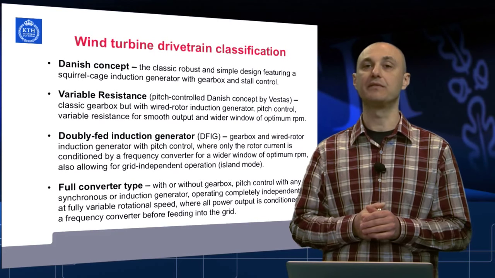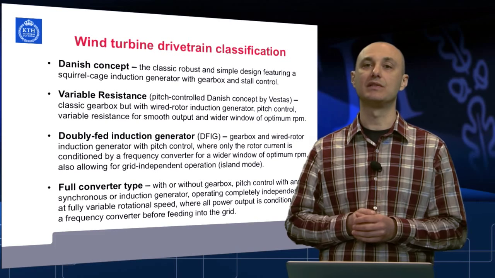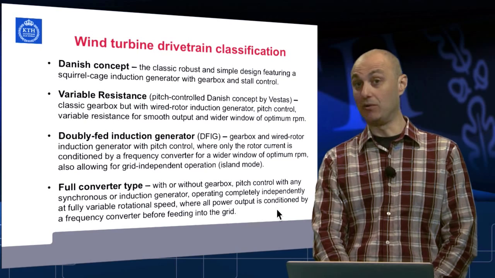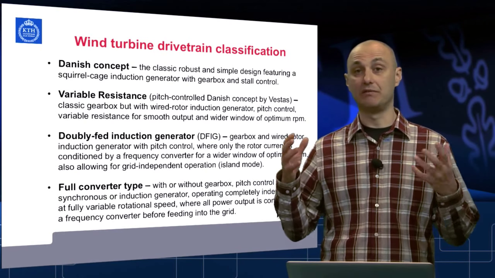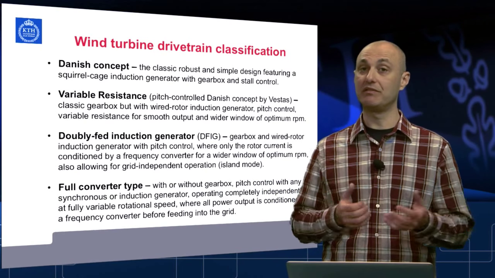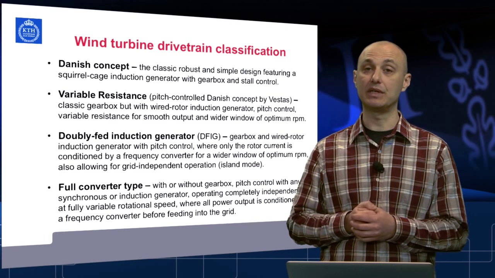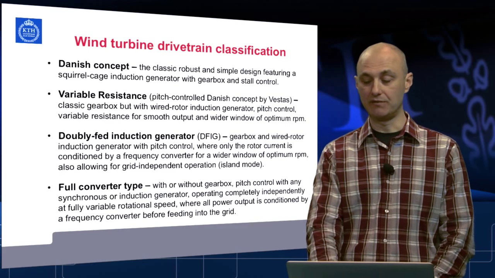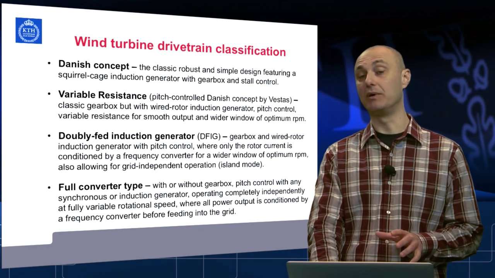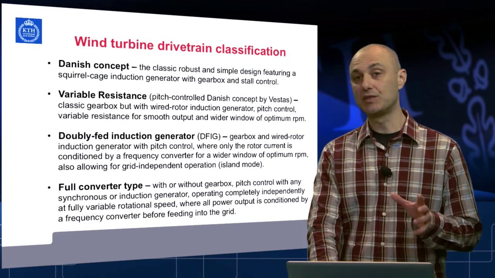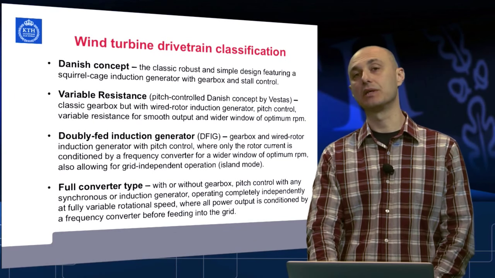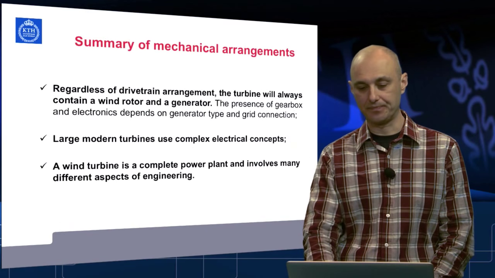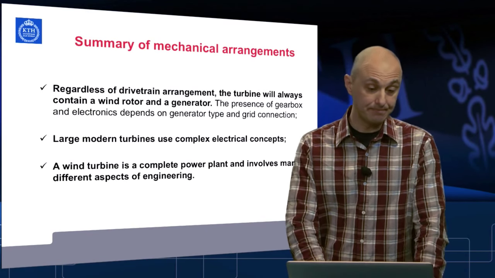Very effective, optimum design, nice performance machine, and all the power coming out from the generator at varying voltage, because of the variable operation, needs to be conditioned going through a frequency converter. All the power. So it is a naturally indirect connection to the grid where all the power is handled by a frequency converter.